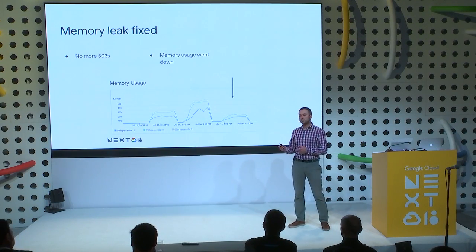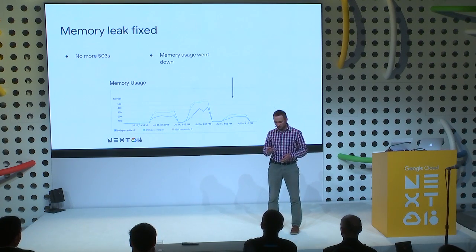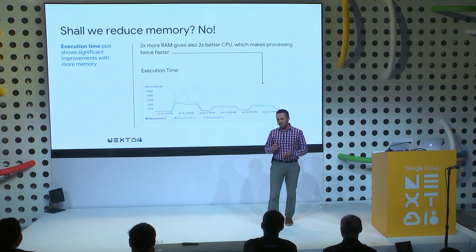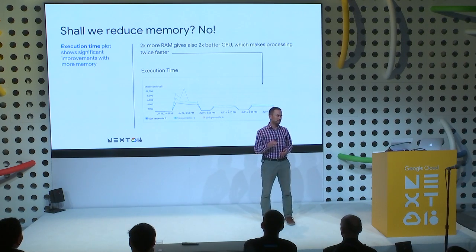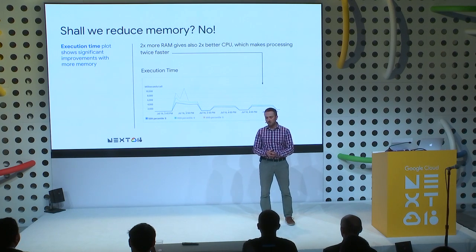So the question is, shall we now reduce the amount of memory for the function or not? But let's take a look at the performance. We see that with more memory, our function actually runs faster. And that's because this is how we allocate CPU to functions. The more memory the function has, the more CPU it also gets.